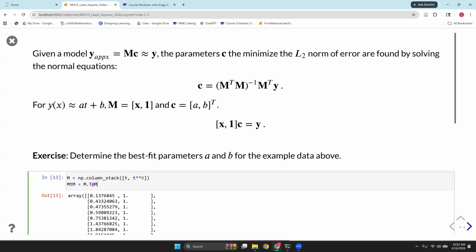Now, if I take that M transpose M and I move it over to the left-hand side, what does that leave on the right-hand side? M transpose Y, right? So I can do M transpose Y. Now, what do you think the size of M transpose M is going to be?